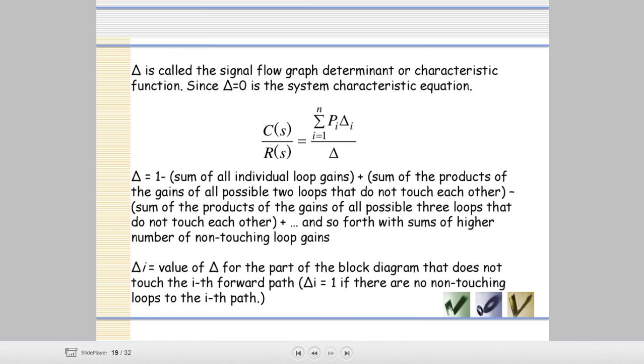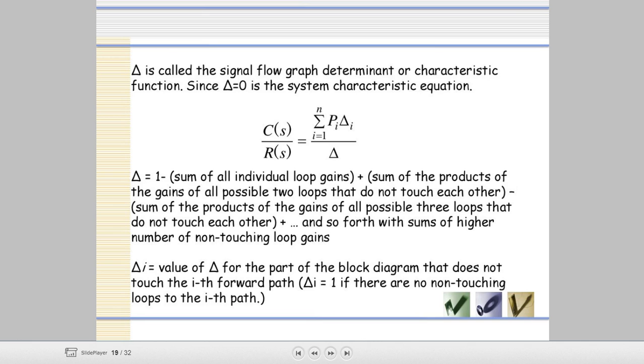Delta is called signal flow graph determinant or characteristic function. Since delta is equal to 0, the system characteristic equation will be like this. How are we going to calculate the delta?